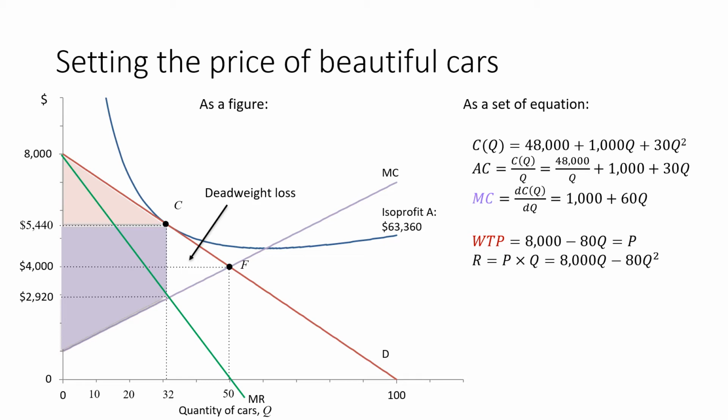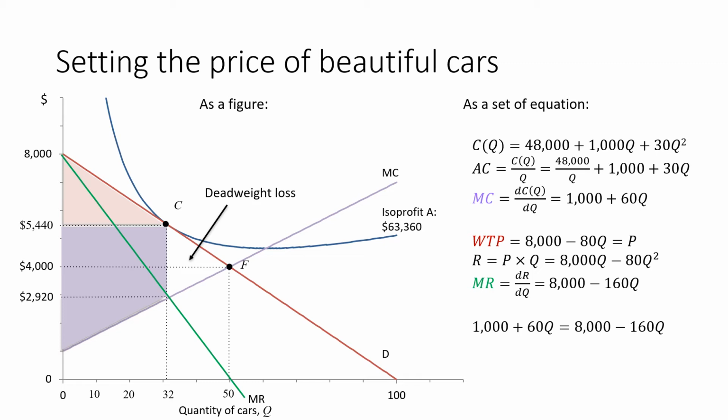Total revenue is equal to P times Q, 80,000Q minus 80Q squared. Marginal revenue is the derivative of total revenue with respect to Q, which is equal to 80,000 minus 160Q. Profit is maximized when MR equals MC.